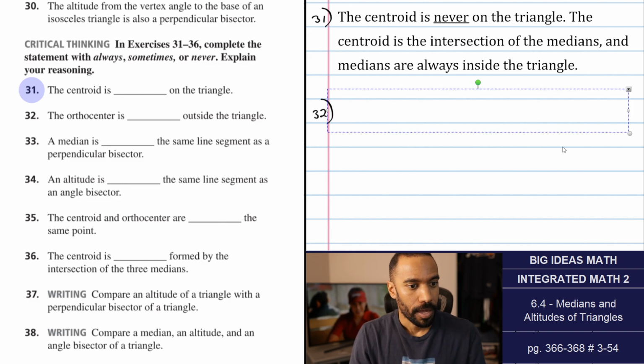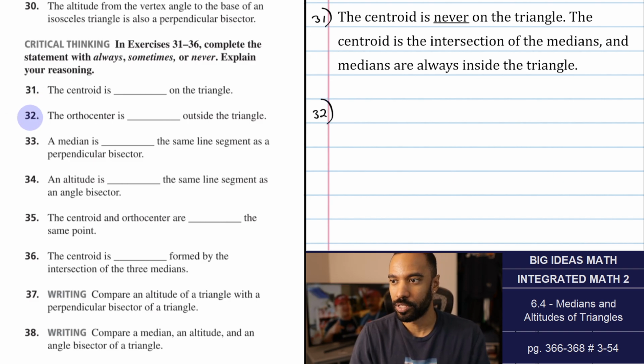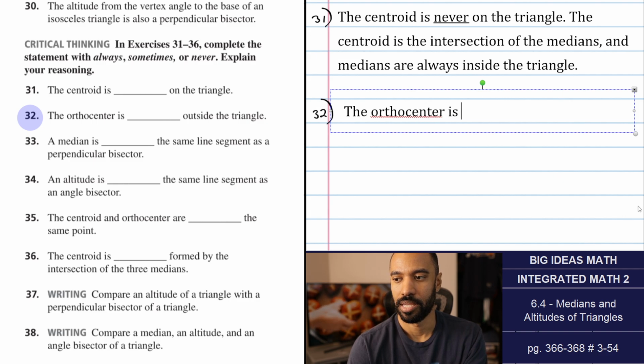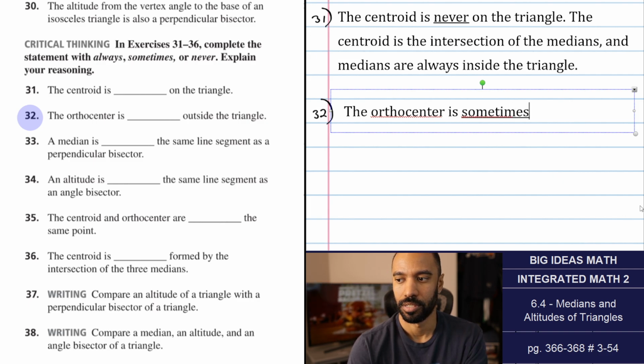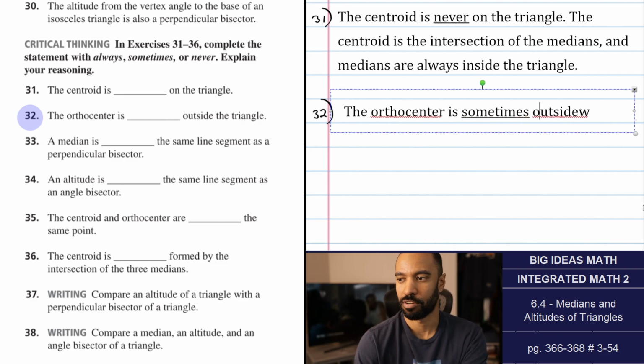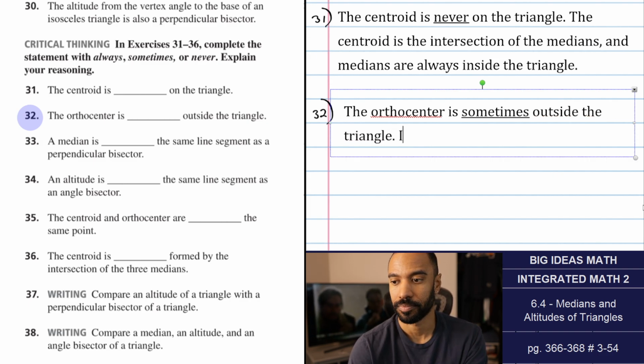All right, number 32. The orthocenter is blank outside the triangle. It's sometimes. The orthocenter is sometimes outside the triangle. Remember, whenever you have a sometimes, the best medicine for explaining it is say when it is and say when it isn't.